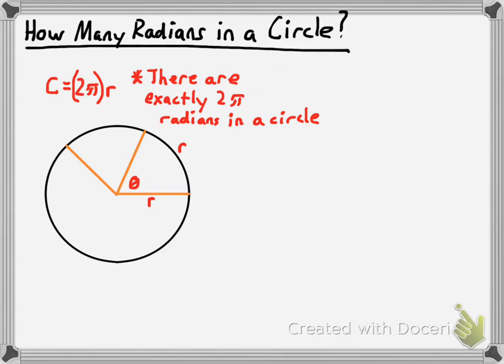All right, now there's exactly 2 pi radians. Maybe it's helpful to think of it this way. Since pi is approximately 3.14, that means there are approximately 6.28 radians in a circle. Now, I didn't draw my angles perfectly 1 radian in size, but if I could, I would have 1, 2, 3, 4, 5, 6, and a little bit more than 6 radians going around the circle. Now keep in mind, the radian again is the angle measure, it's not the length of the arc right there. Those are separate things.